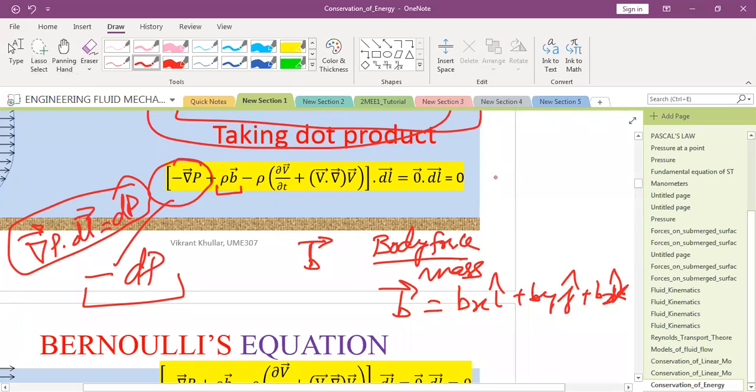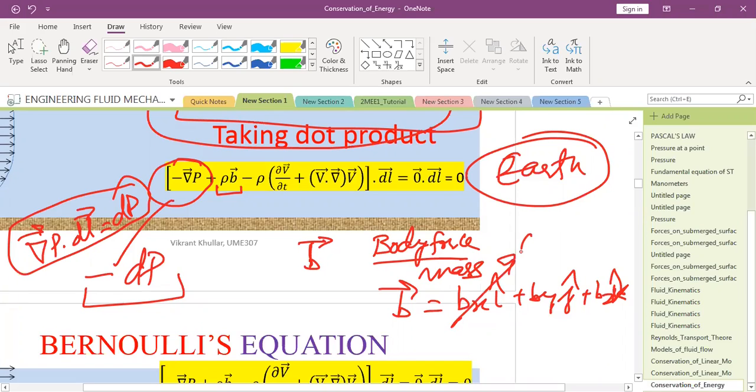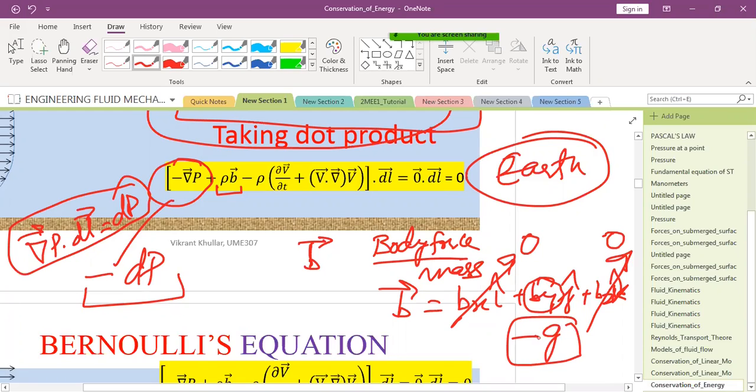But as far as Earth is concerned, which direction and which component is predominant? J direction. So you assume bx equal to 0, bz equal to 0, and by is equal to what? Minus g. Clear?